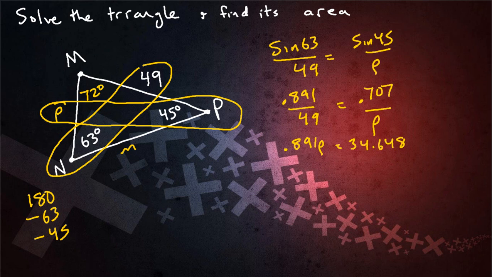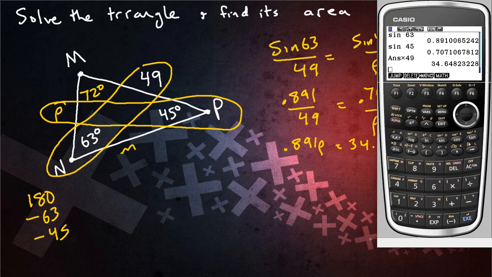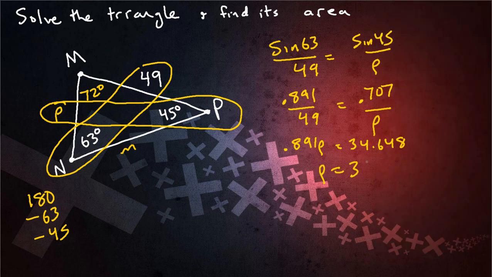That was cross multiplying. Divide by 0.891. And we get 38.88. I'm just going to call it 39. All right, so we have one of our missing sides, this one.